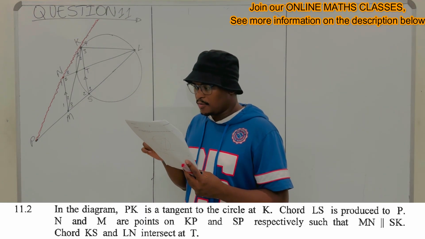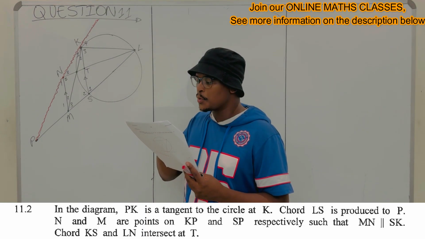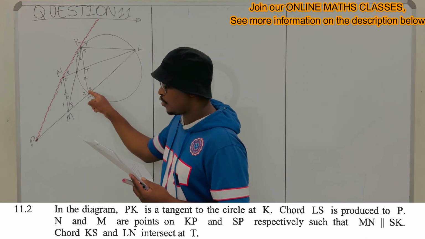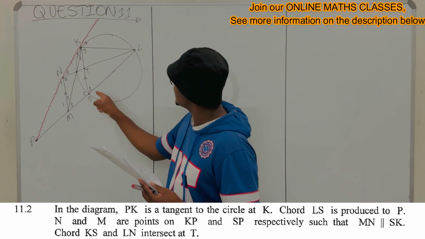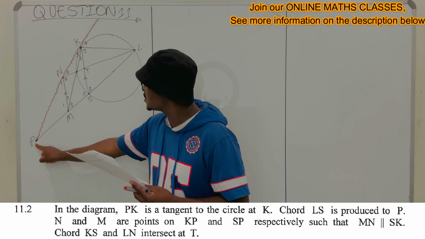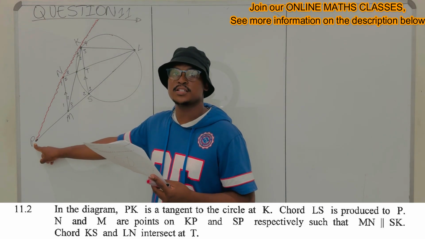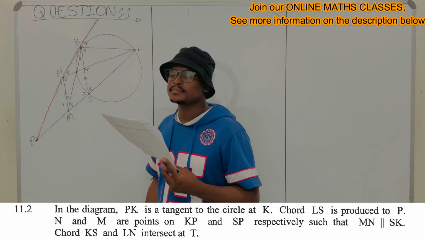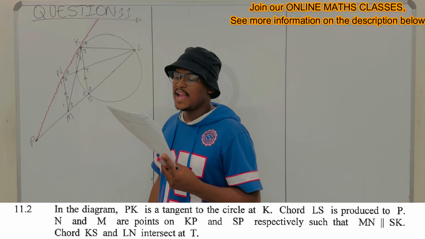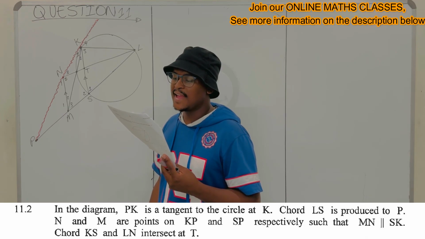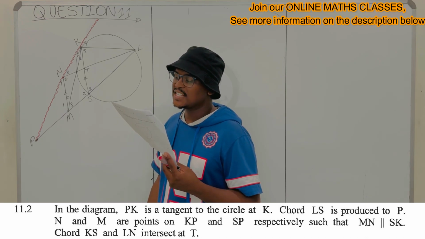What else are they saying? They are saying LS is produced to P. So we have a chord LS, and it's extended to P, which is the end point of the tangent PK. They say M and N are points on KP and SP respectively, such that MN is parallel to SK.